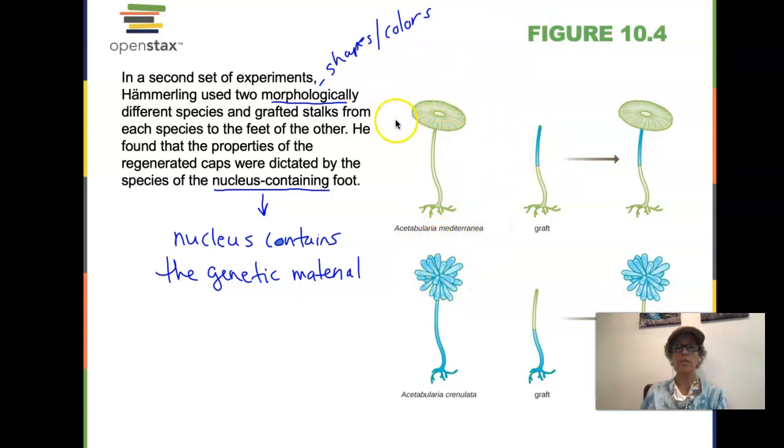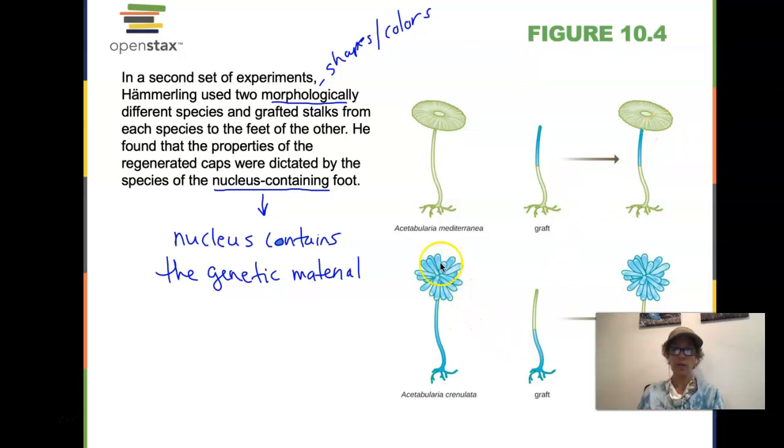And if we take off the cap of a green algae and graft on just the stalk of the blue algae, a new stalk gets regenerated, but it's green, and that is because the nucleus, the blueprint, is down here in the foot. So it contains the genetic information to rebuild a green cap. So even though there's a stalk from a blue algae, a green cap gets regenerated.